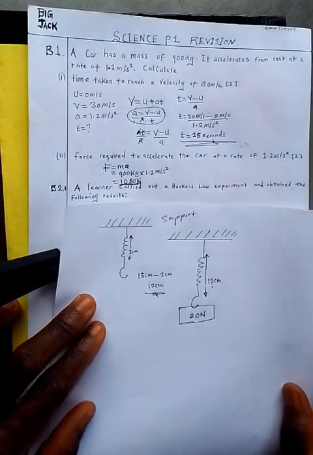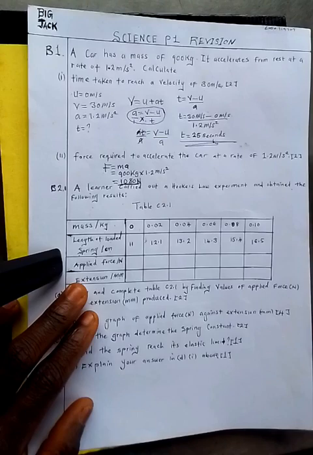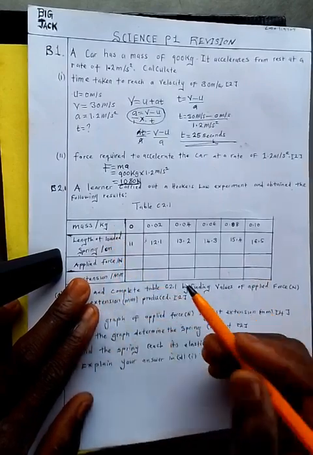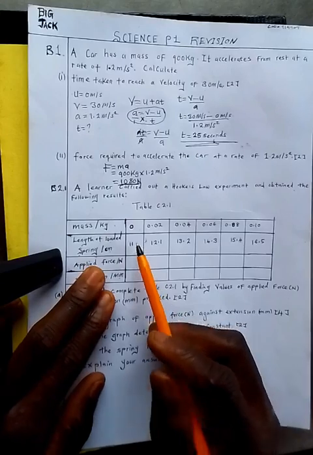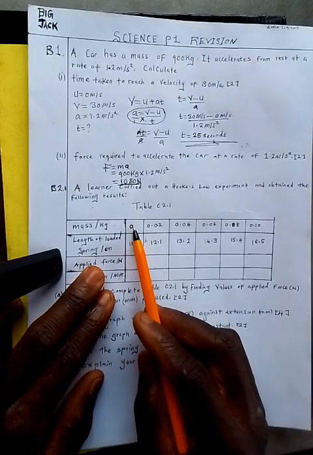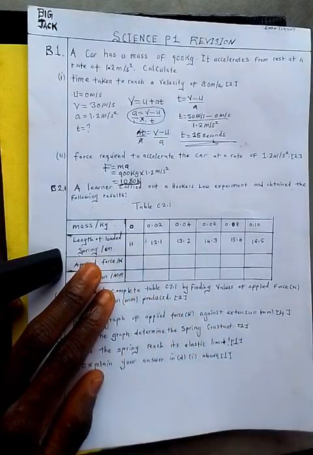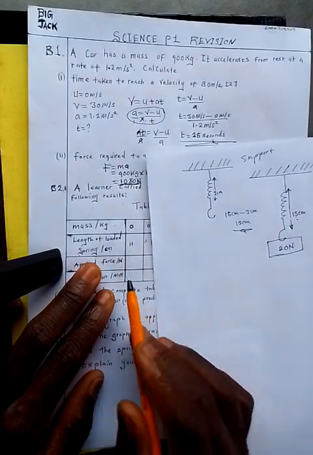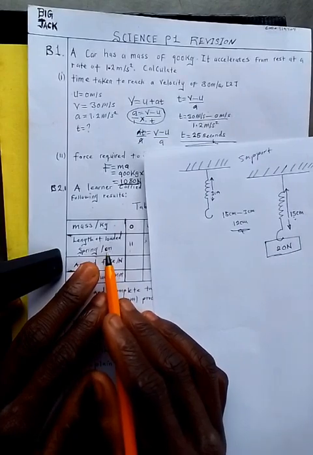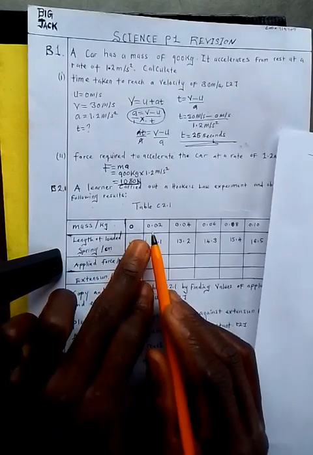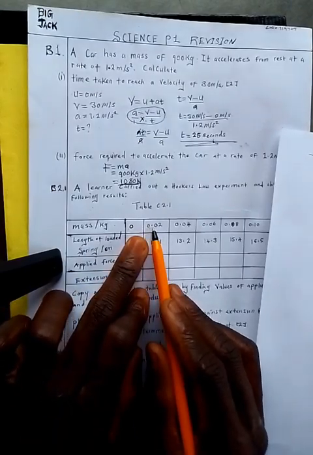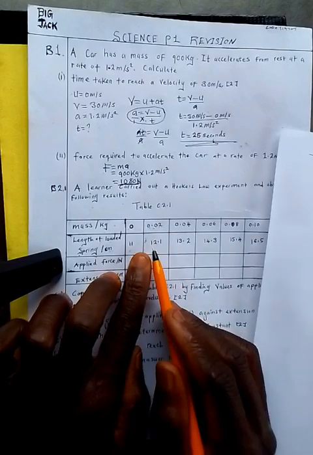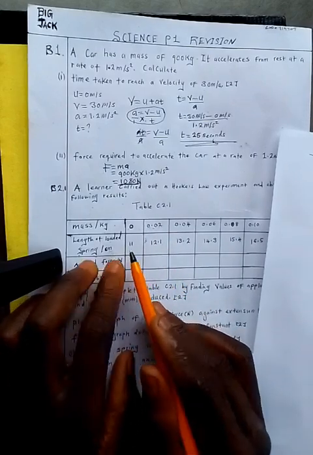Similarly, on this question, we are going to use the same idea. Suppose we have the mass here of a stone or anything else that we are measuring. On this part, we have 0 mass, meaning they didn't put anything on the spring, and the reading of the spring here was 11 centimeters, according to the units we have been given. After adding the mass of 0.02 kgs, the spring extended up to 12.1 centimeters, starting from 11.